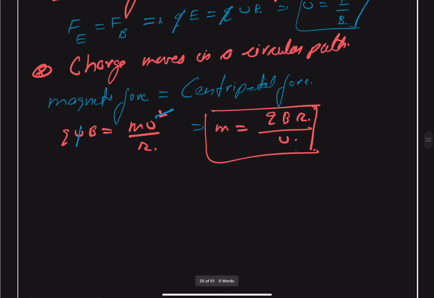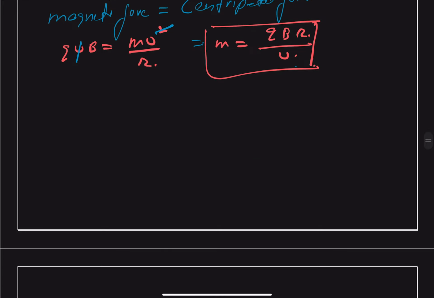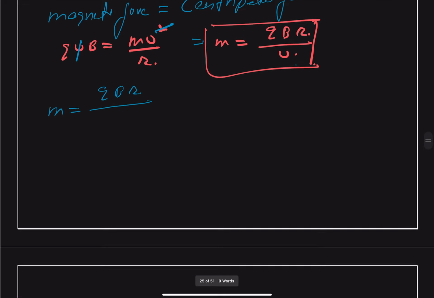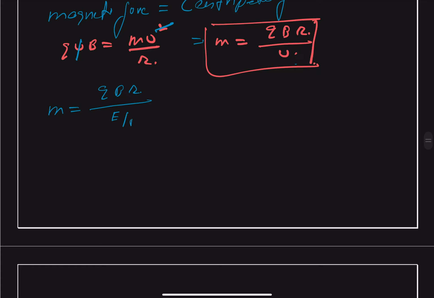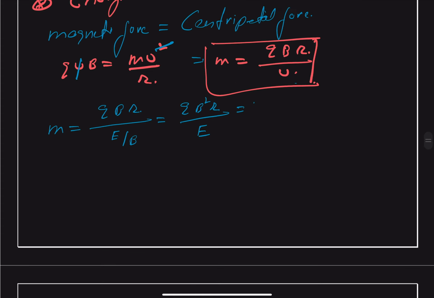So velocity, we can find out using the relationship between the electric and magnetic field. So we can say that our mass will be equal to QB upon R, and this will be over E upon B, which comes as QB square R upon electric field. And charge is given as of electron, so 1.6 into 10 to the power minus 19.